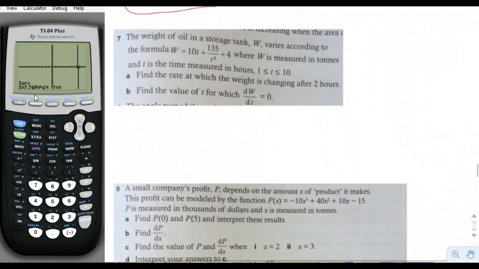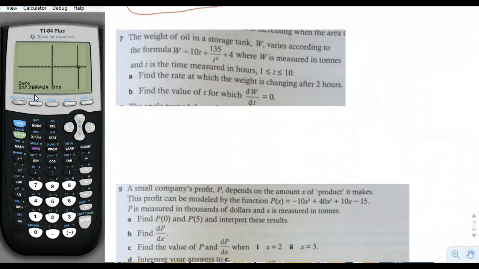7. Weight of the oil in the storage tank W varies according to the formula 10t plus 135 divided by t squared plus 4, where W is measured in tons and t is the time in hours. Find the rate at which the weight is changing after 2 hours. Okay, so let's see. They want the rate again, so we do need to find the derivative of that.